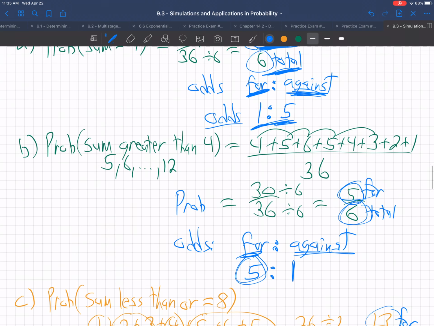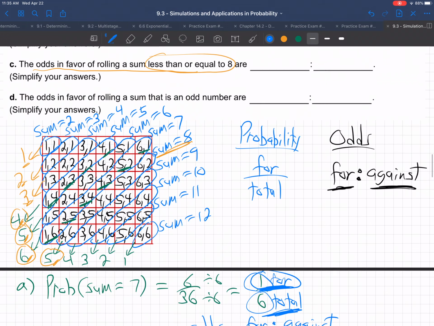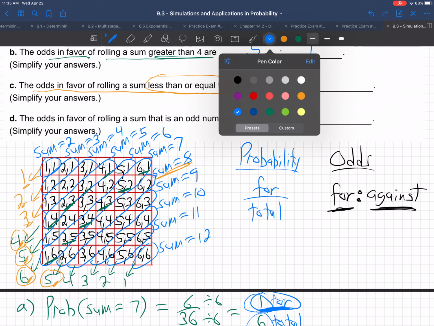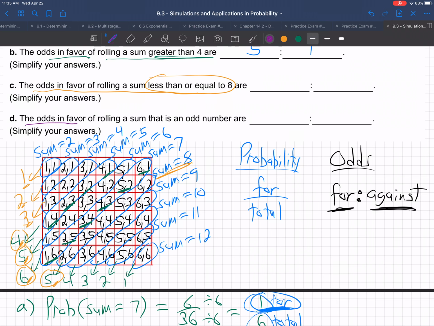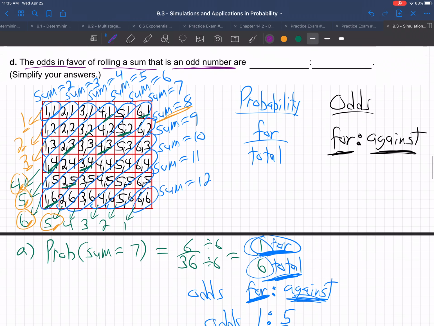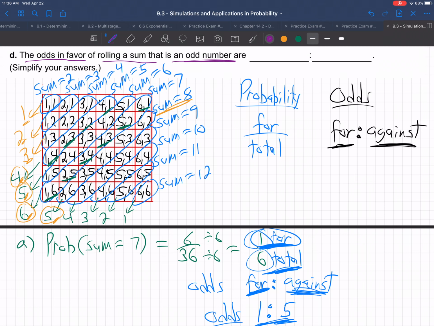One more part, part D. So on part D, the odds in favor of rolling a sum that is an odd number. Okay, so that'd be like a sum of 3. There's 2 boxes in that one. Sum of 5, there's 4 in that one. Sum of 7, there's 6.